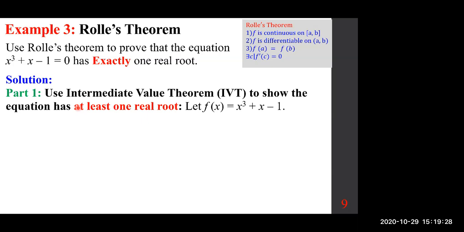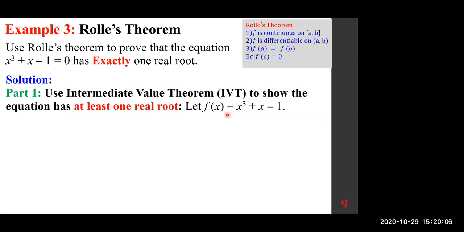According to the IVT, if you plug in a value to f of x and it gives you negative, and another gives positive, then by IVT, if this is a continuous function in the interval of interest, it must have a root, a 0.